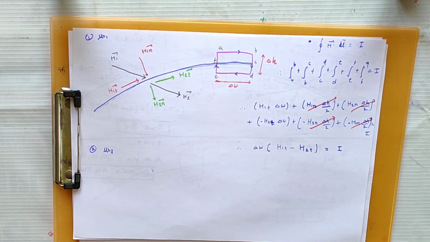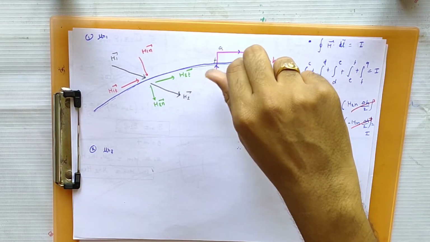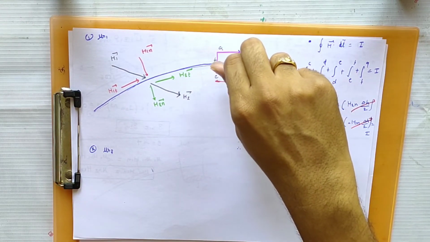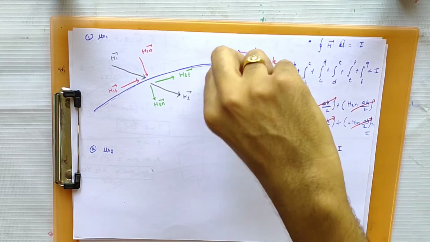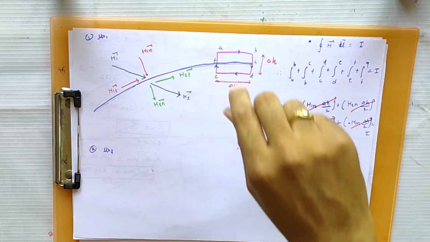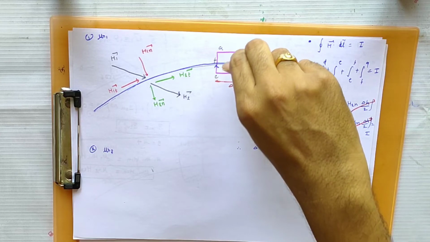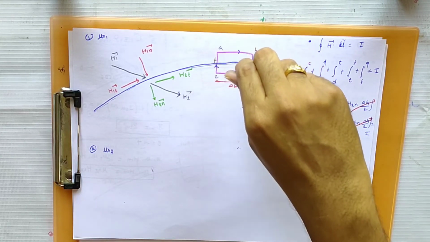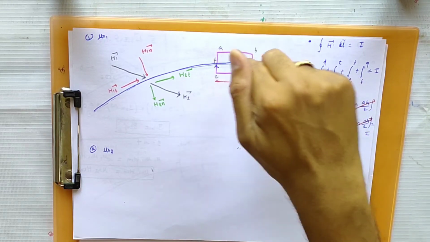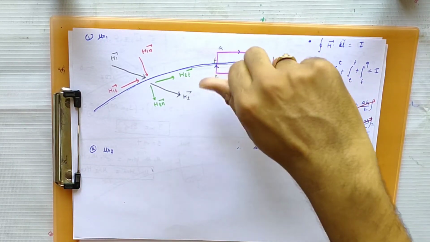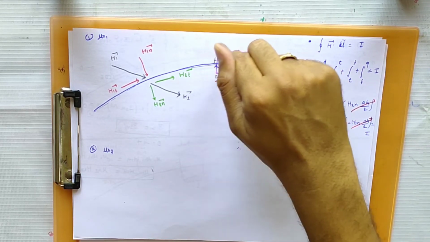We have to apply the Amperian path concept. If you look here, the Amperian path is a clockwise path. So if we apply the screw concept, for a clockwise path the screw goes inside this page.